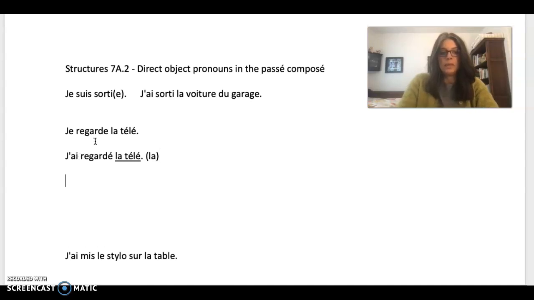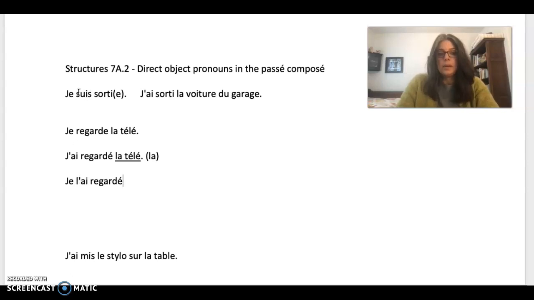So if we want to say I watched it, we say je. We're going to put L apostrophe because A starts with a vowel. Je l'ai regardé. Now the tricky thing about the passé composé, when you have a direct object pronoun, it comes before the past participle. We actually have to make the past participle agree with the pronoun.